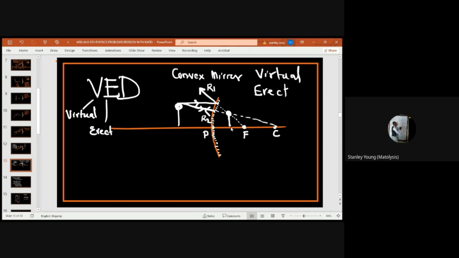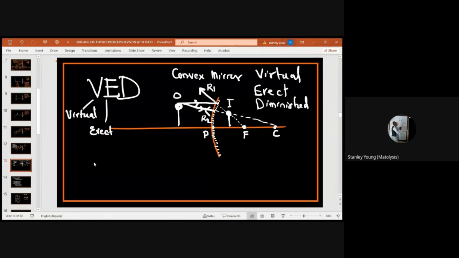Then in terms of size, if you compare the image to the object, the image is smaller, so the image is diminished. So this summarizes the properties of images formed by mirrors. Now, this is very similar to the case of what? Of lenses.